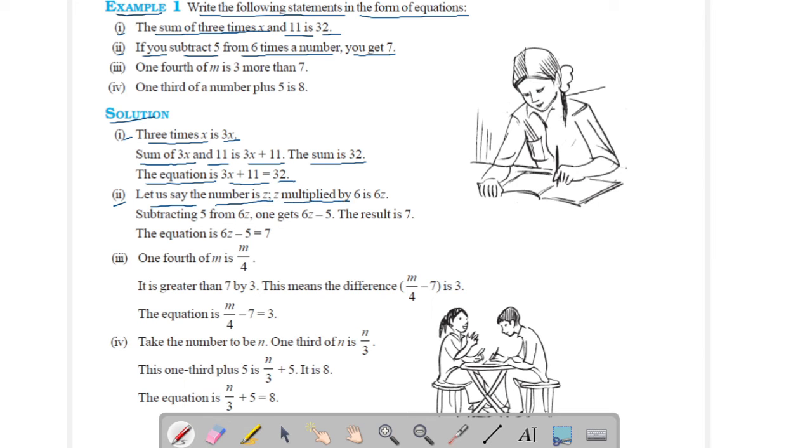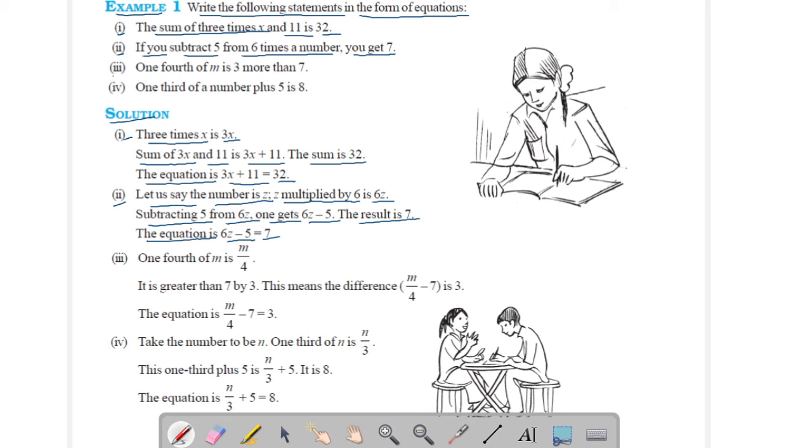Z is multiplied by 6 is 6z. Now subtracting 5 from 6z, one gets 6z minus 5. The result is 7. Therefore, the equation is 6z minus 5 equal to 7.